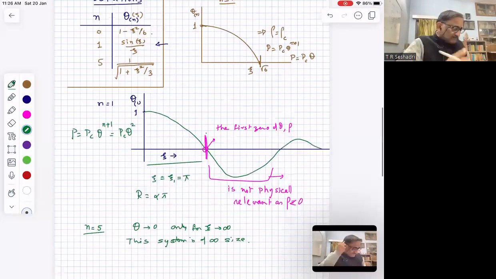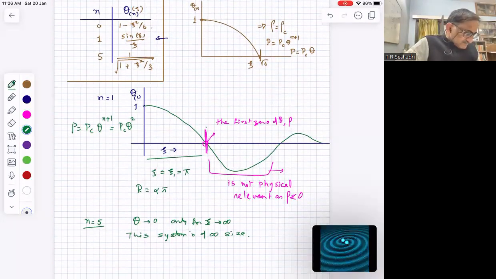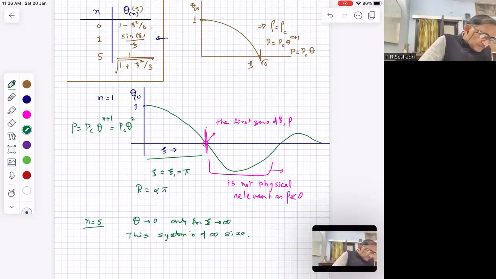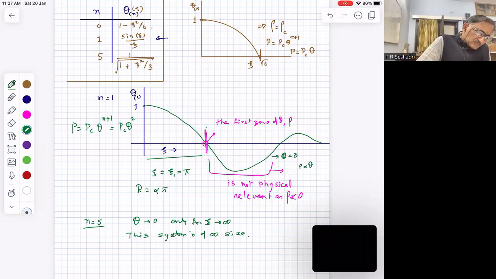Could you repeat what you told for the physically irrelevant? Yeah. Look, in this region, theta is negative. And for this case, rho is proportional to theta because n is 1. So you have density which is negative, and so this region is not physically admissible.